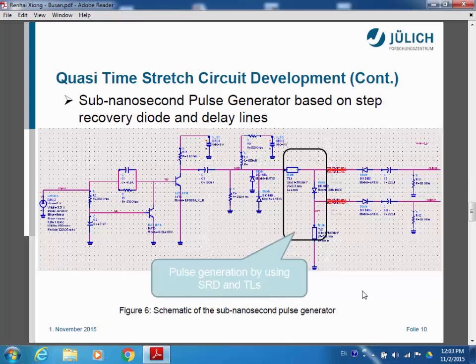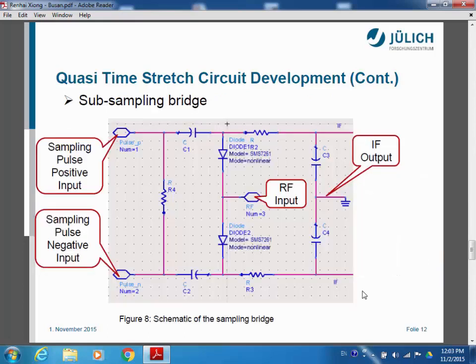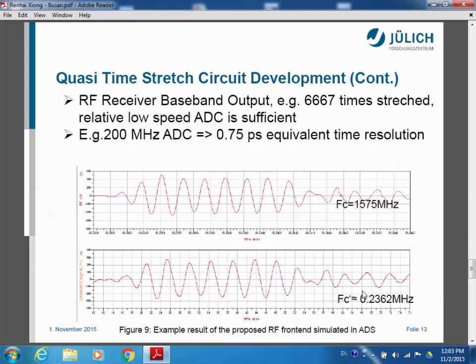This uses a step recovery diode and delay lines to implement this function, and it generates pulses with a 100 picosecond pulse width. And this is the sampling bridge, which corresponds to the sample-and-hold function in the ADC. And this is the result of the stretch function.